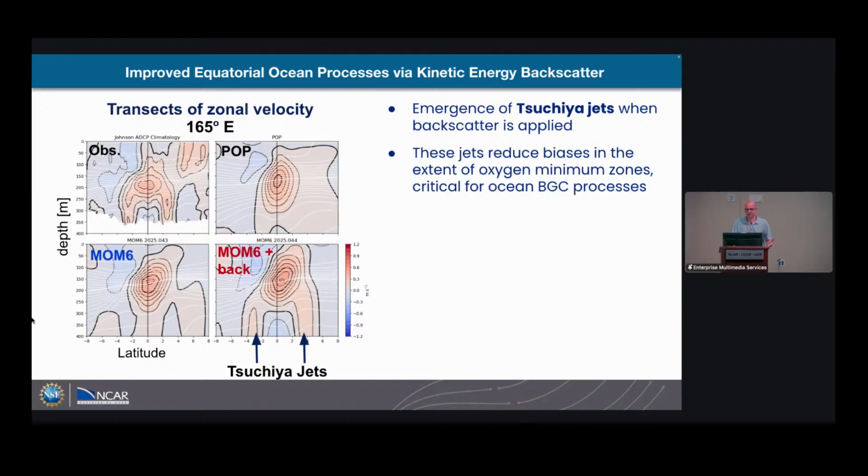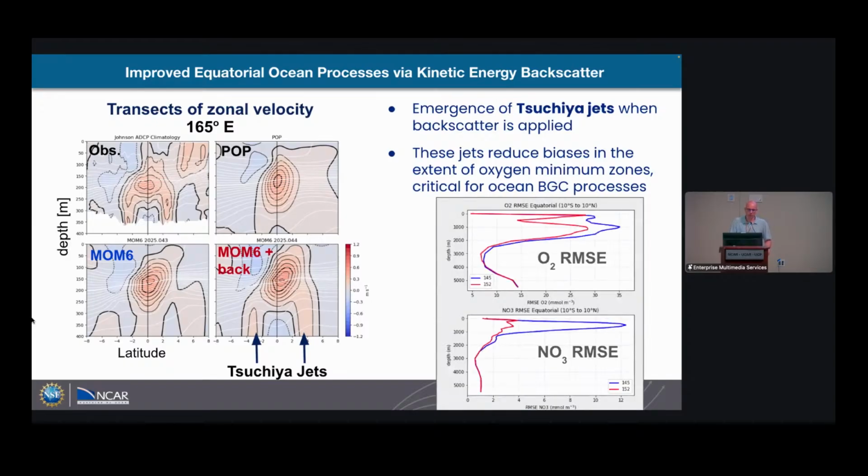We don't fully understand why they emerge, and that's research to be done, but they appear here, and what's important is that in forced simulations with biogeochemistry, with the backscatter and the jets present, we get significant improvement in the biases of oxygen and nitrate. We haven't done the same exercise in fully coupled yet because the BGC is only coming up now, but that is very exciting, and for the fully coupled, we hope to get the same type of response, with improvements in these quantities.